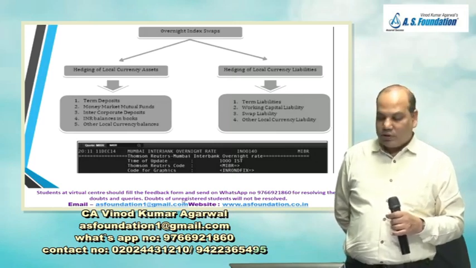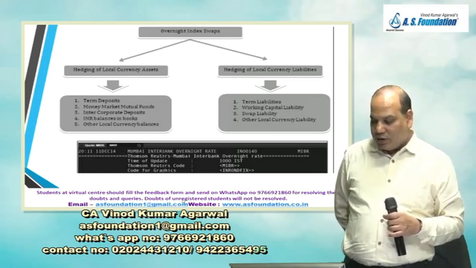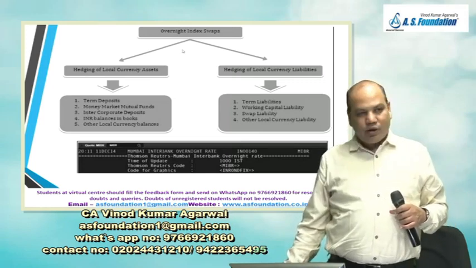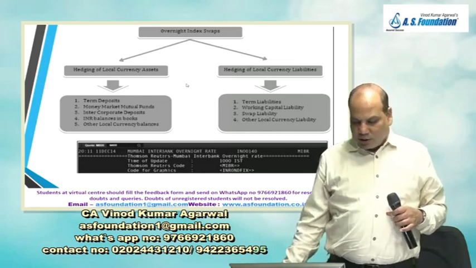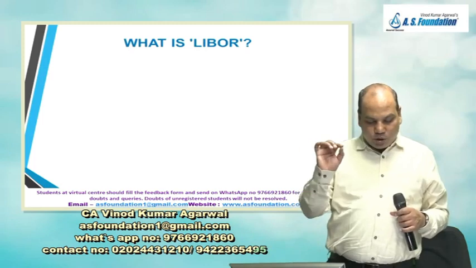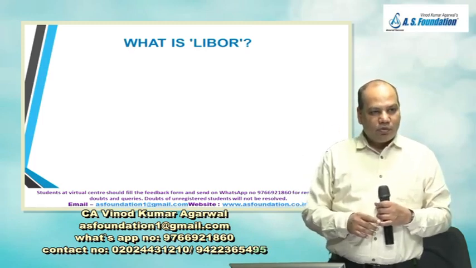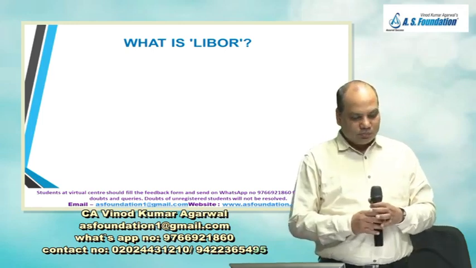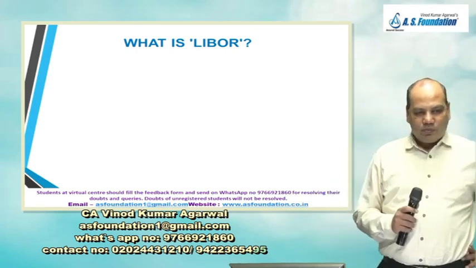Examples of local currency liabilities: term liabilities, working capital liability, swap liability, or any other local currency liability. So overnight index swap can be used to hedge these assets and liabilities. For the timing, this much. For more information on OIS, refer to your SFM, over the counter derivative chapter.